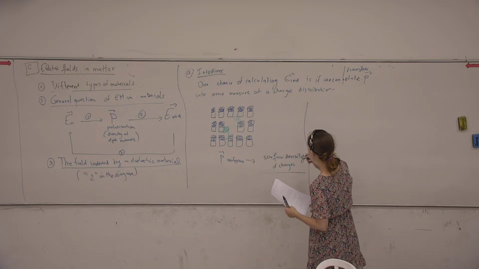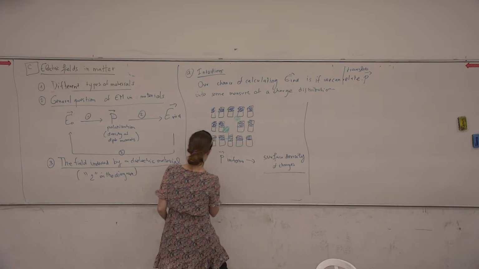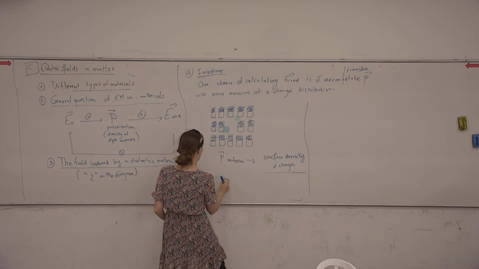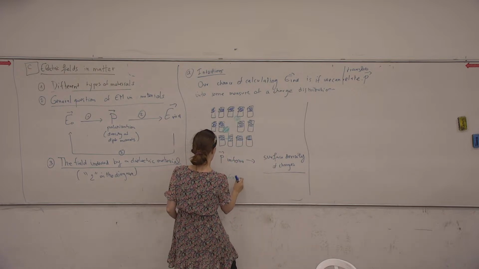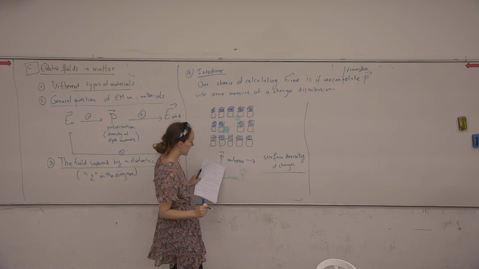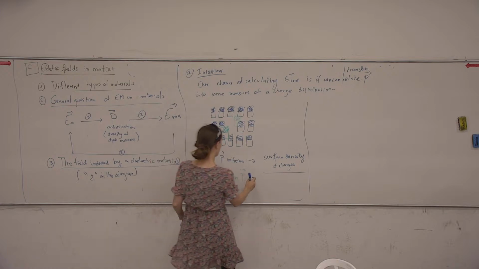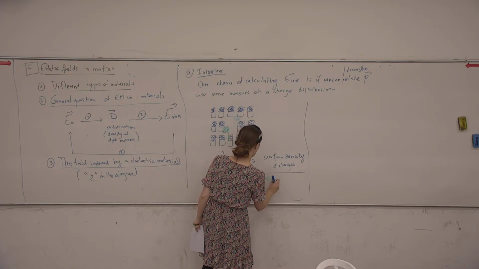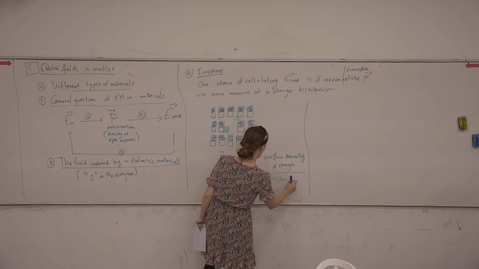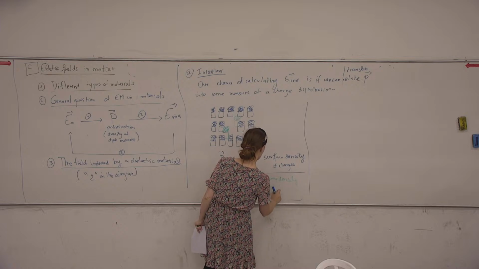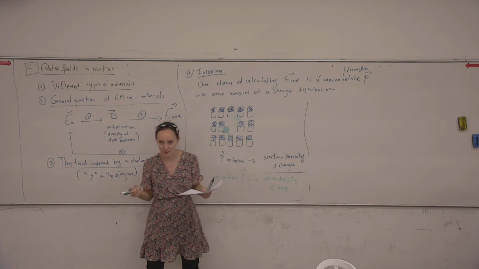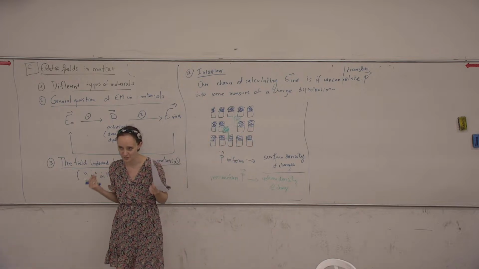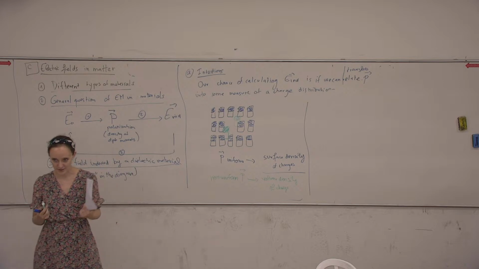So if I have a non-uniform polarization, a non-uniform density of dipoles, this will result in a volume density, or it should be translatable mathematically into a volume density of charges.